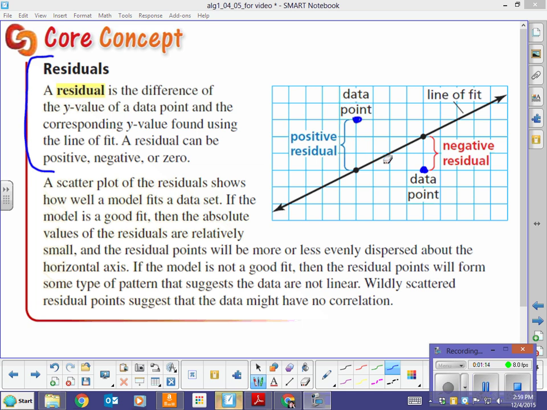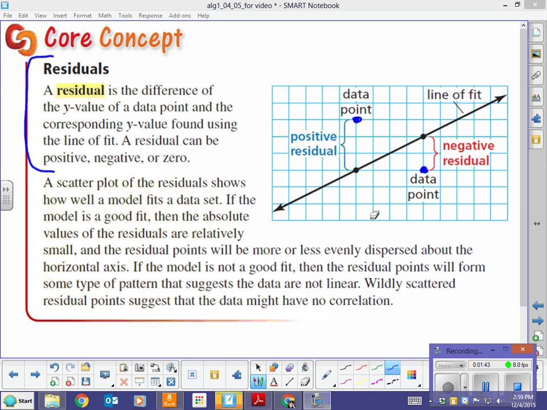Now that's why we said that we want approximately the same number of points above the line and below the line, and basically the same distances if we could. How well the line fits the data is shown by the residuals. And what we'll do is create a scatter plot of the residuals around the horizontal axis.